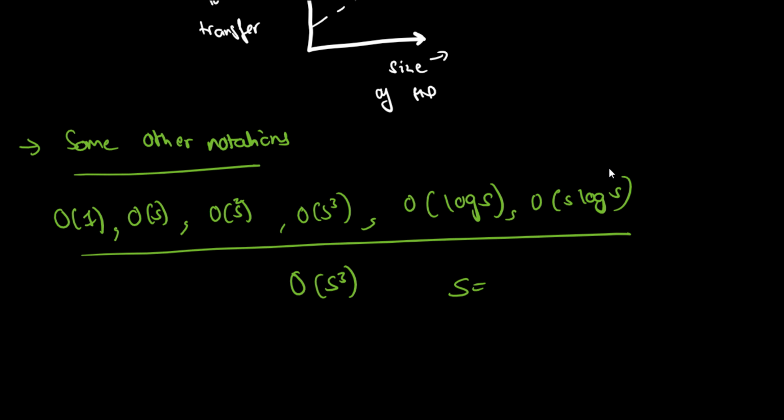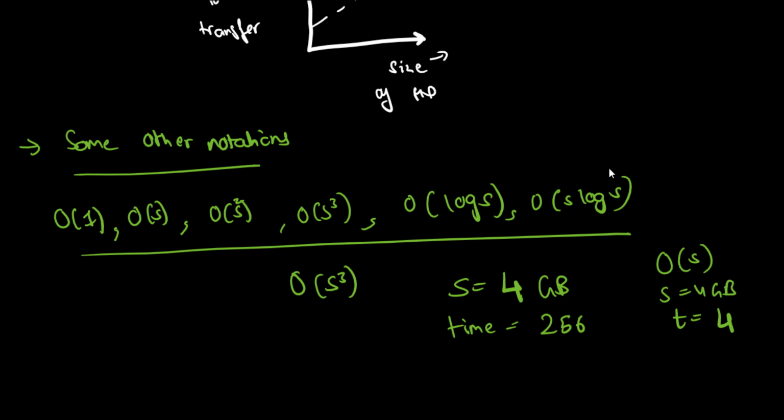If the size is equal to 4 GB, the time taken will be 4 cube, and that is, I think, 256. And in the case of order of S, if the size is 4 GB, the time taken will be also 4 units, say seconds.